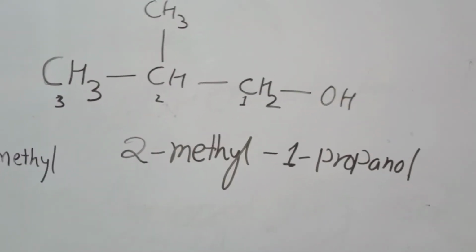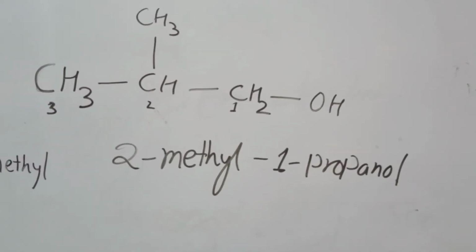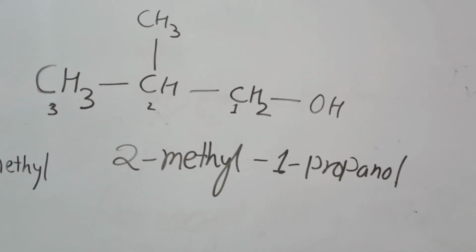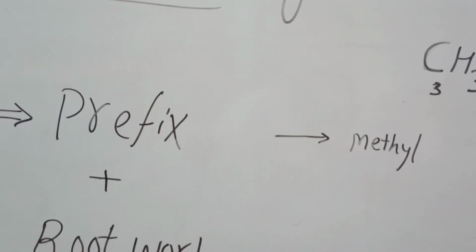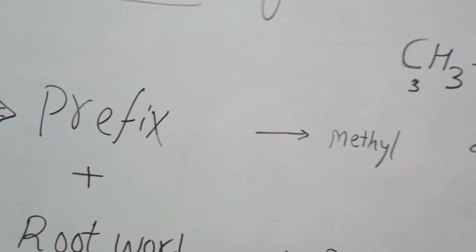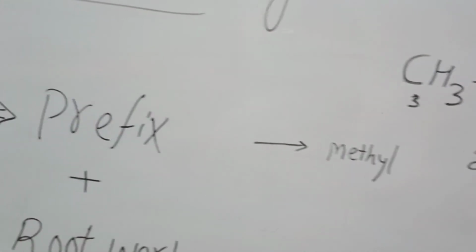So this particular name also contains all these four components, and where these four components exist, I will explain. The very first one is the prefix. So the prefix in the IUPAC name of this particular molecule is the methyl, as you can see here, methyl.